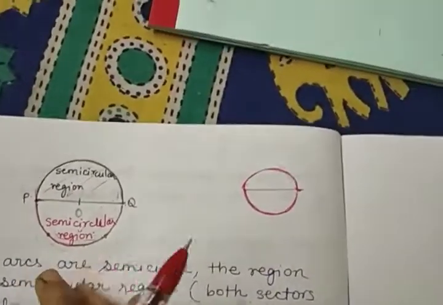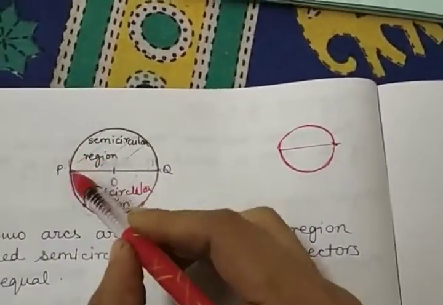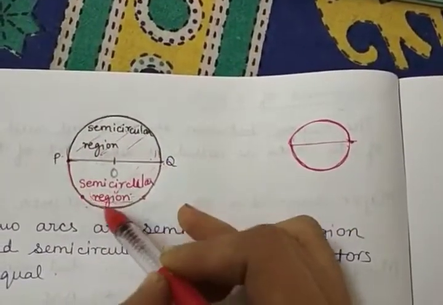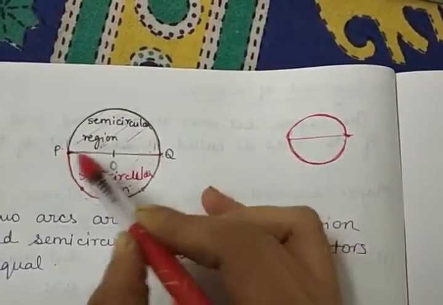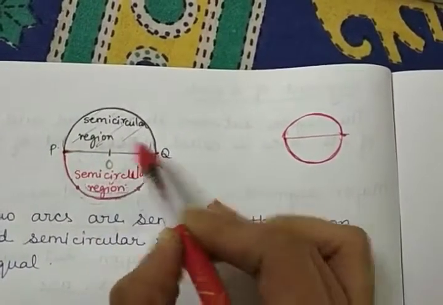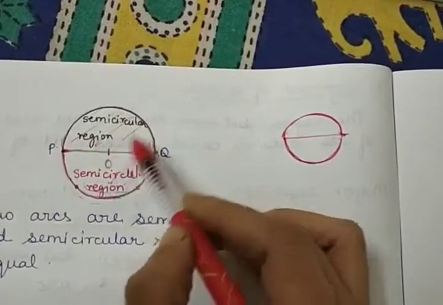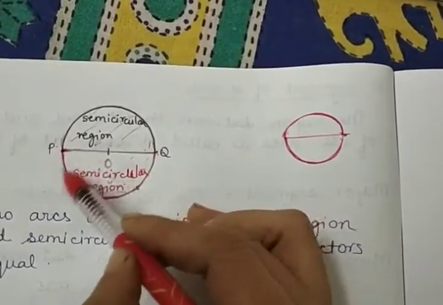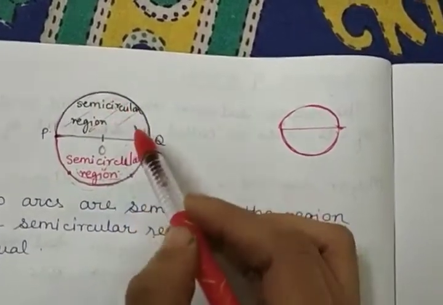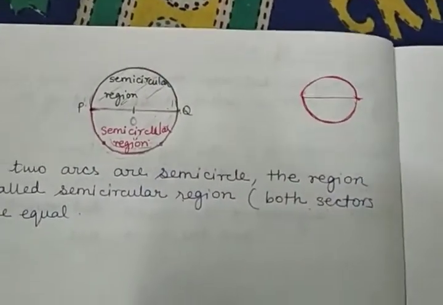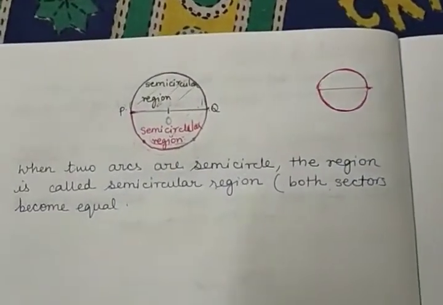Then we saw that when you have two equal arcs, the region between the diameter and the semicircle will be equal, so this sector will be equal to this sector. So these are the important terms which are associated with circles.